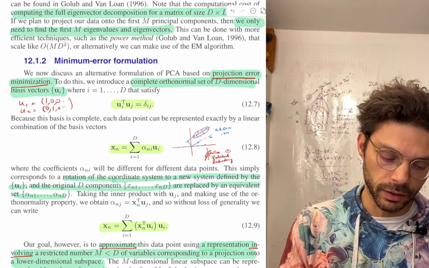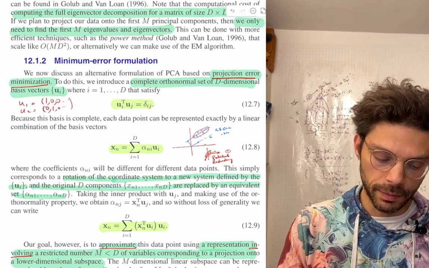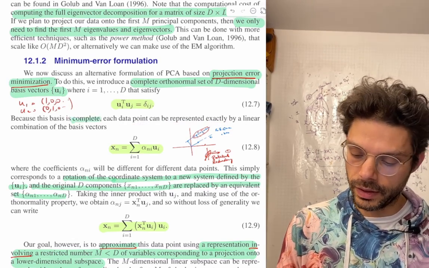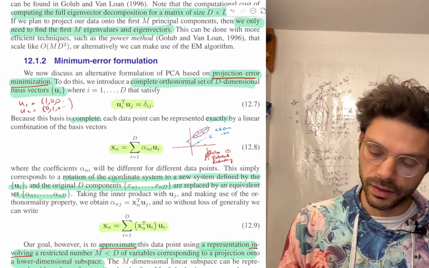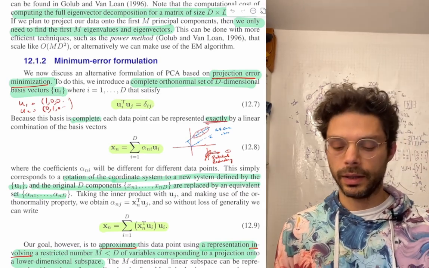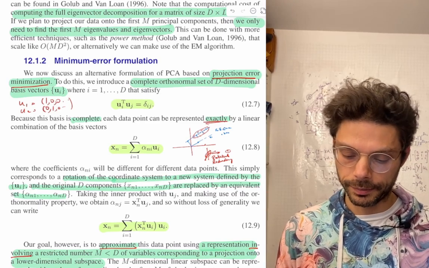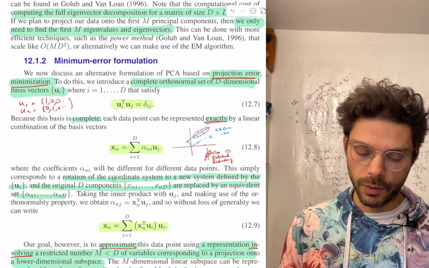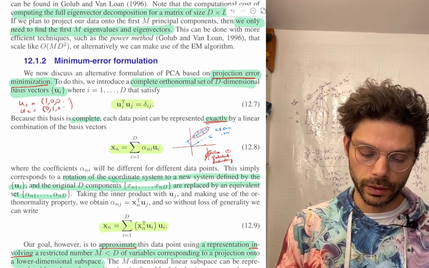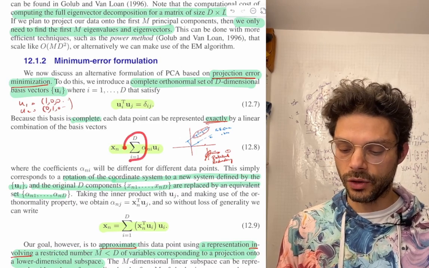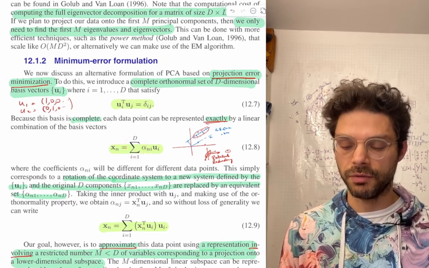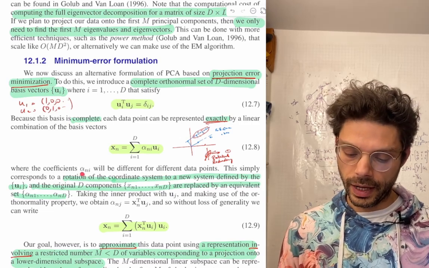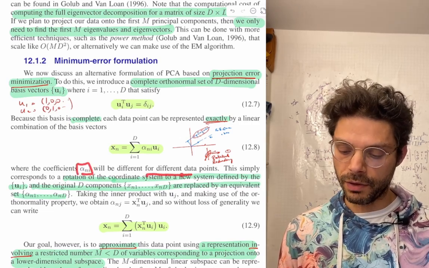So let's just highlight those points. So here is complete exactly, right? That is what we mean by complete: a linear combination of the basis vectors, right? So we're going to represent each data point as some linear combination of these basis vectors that we chose. And the alpha n i will be different for different data points.